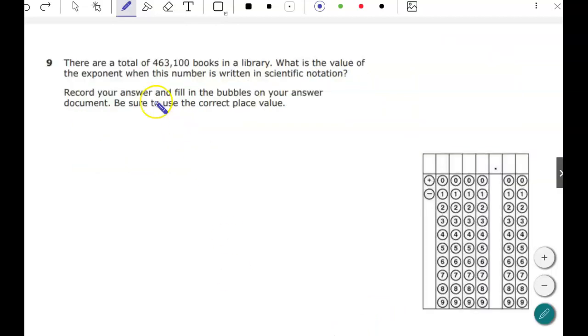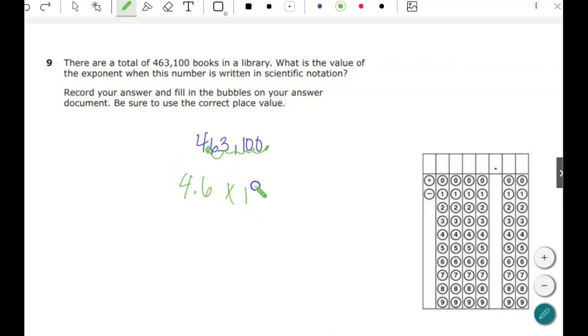All right, number 9 says there are a total of 463,100 books in a library. What is the value of the exponent when this number is written in scientific notation? Then you bubble your answer. So we're changing this number to scientific notation. Oh, too many zeros, Ms. Horton. Got carried away. So remember, you're going to have to move the decimal here, and you have to move it over between this 4 and 6.